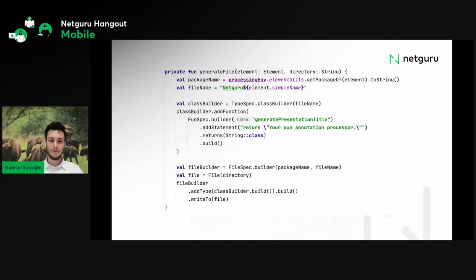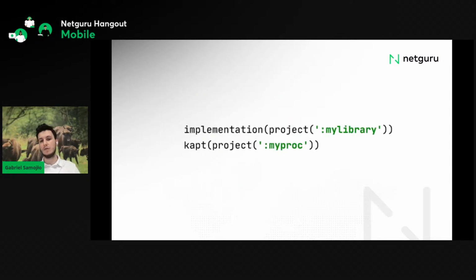Okay, so after we created and generated our file, it's time to test it, right? How to do this? Just like another library with KAPT, we need to add our dependencies, right? It's of course our application module, our app module.